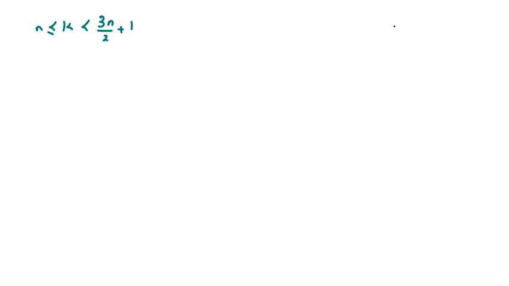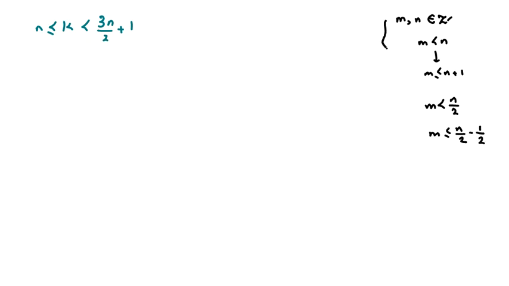So here, when, for example, this is important, when we have m and n, for example, are integers in general. When m is strictly less than n, it is equivalent, you can say m is at most n minus 1. When m is less than n over 2 strictly, you can say m is at most n over 2 minus 1 over 2, because the units will be 1 over 2. Okay.